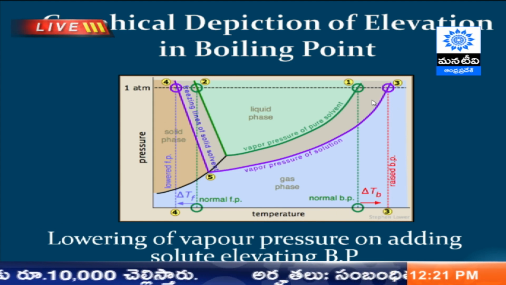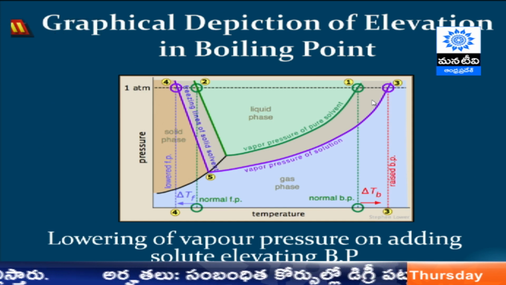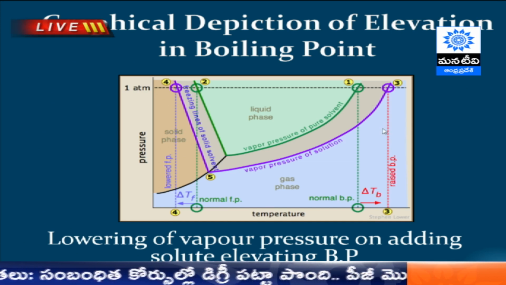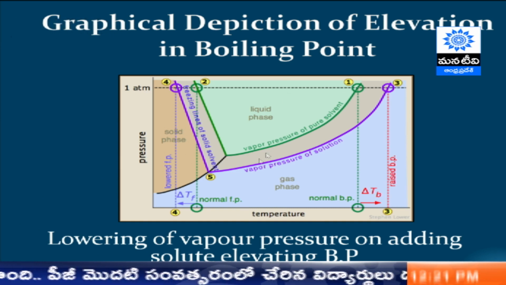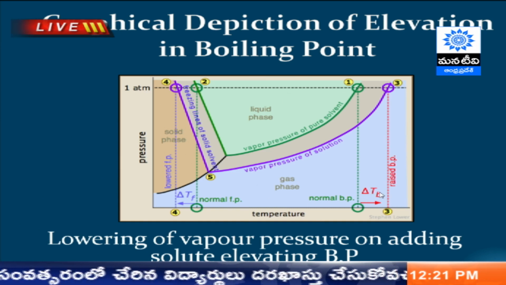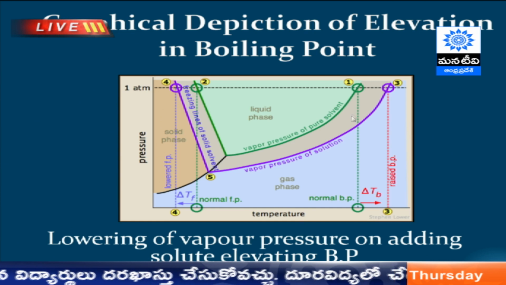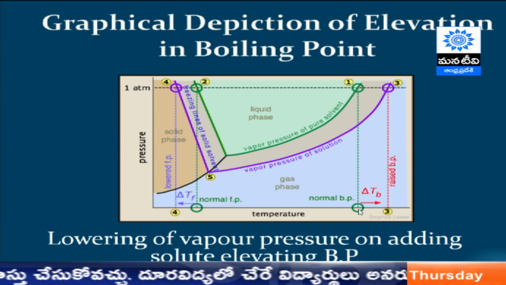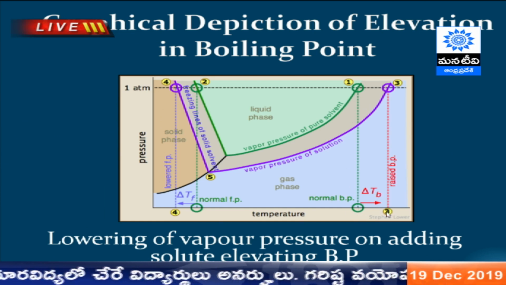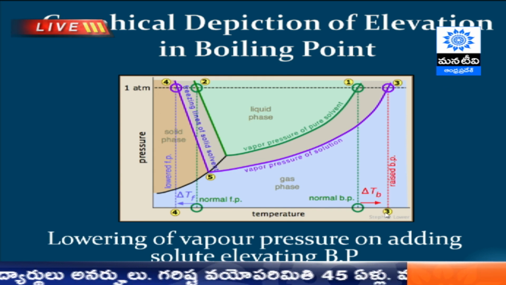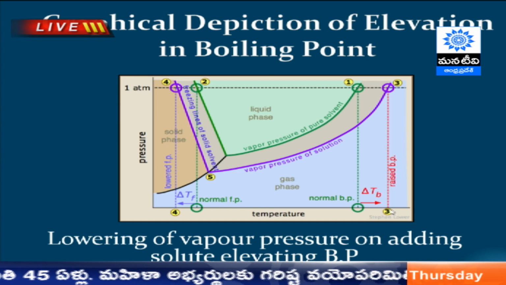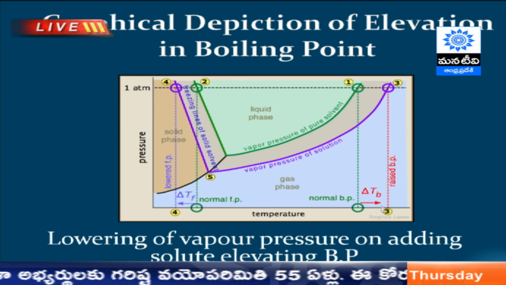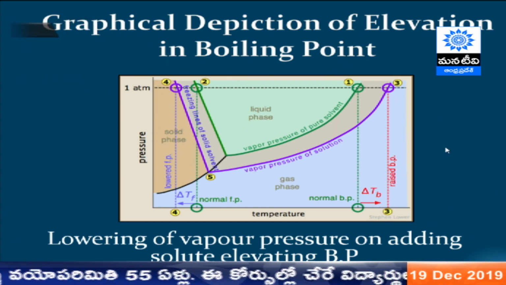So, addition of a solute which does not vaporize will increase the boiling point. You can see delta Tb. The pure solvent's boiling point is here and the boiling point of this solution is shown here, points 1 and 3, and the difference will give the elevation in boiling point.